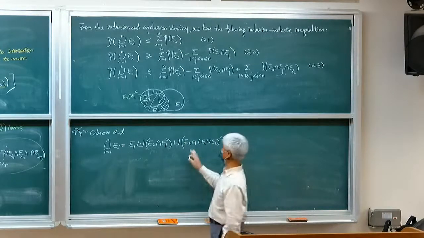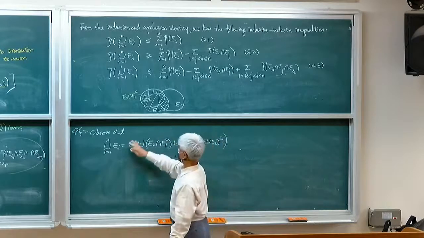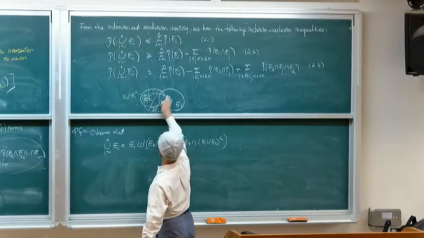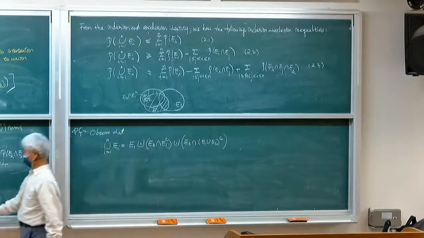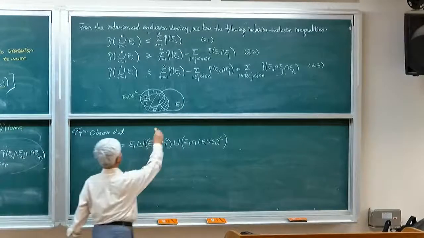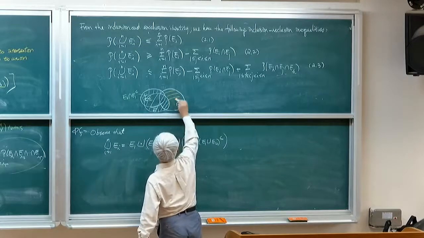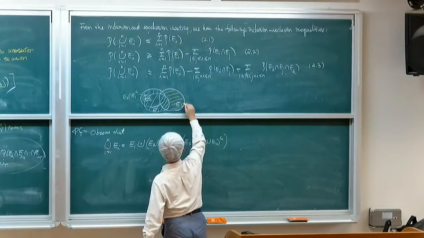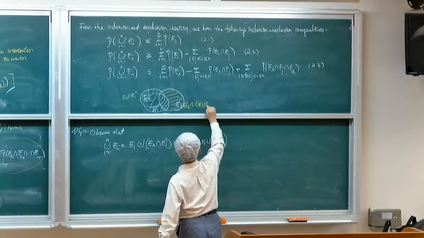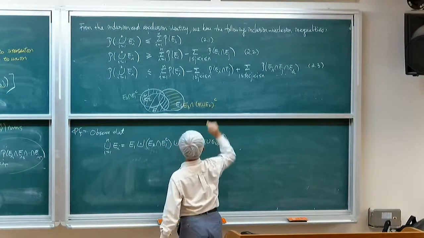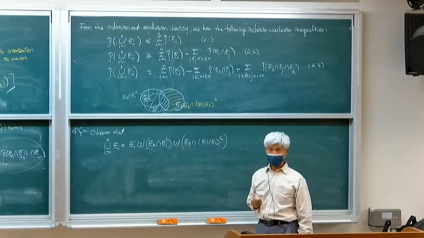Because the contribution from E1 and E2 is already here. So this is E3 intersect with E1 union E2 complement. Is that okay?